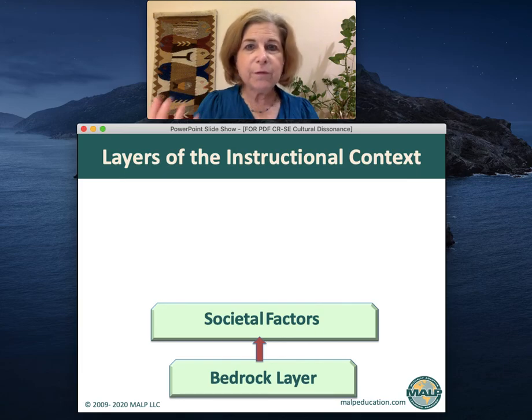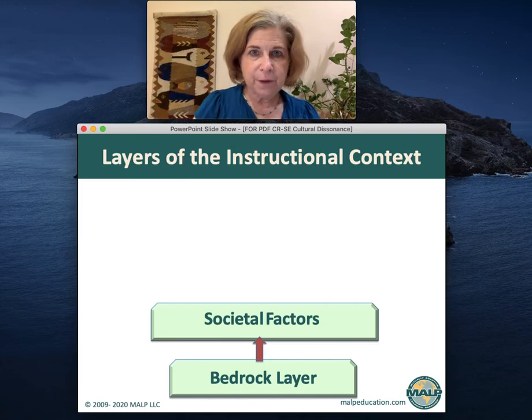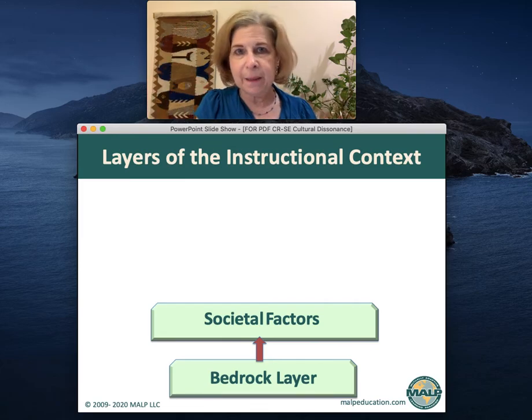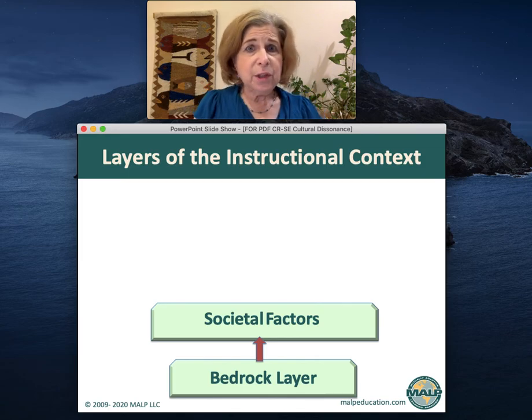Somebody could be privileged, they could be disadvantaged, discriminated against, they could be viewed as the pinnacle of that society or at the bottom. And things like language, skin color, ethnicity, all of those factors are viewed differently in different societies.